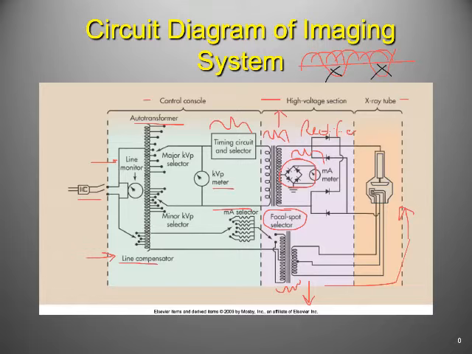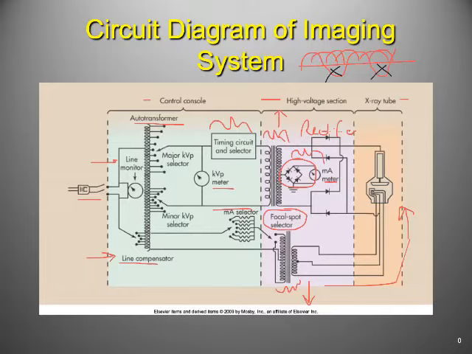Now, where things get weird is it also has the mA meter, right? So the mA meter is one of the few readouts that's in that high voltage section, right? And you'll notice when you're changing the mA meter on the machine, it goes boom. That's because you're actually affecting the high voltage circuitry, and you'll even see the kVp change, right?